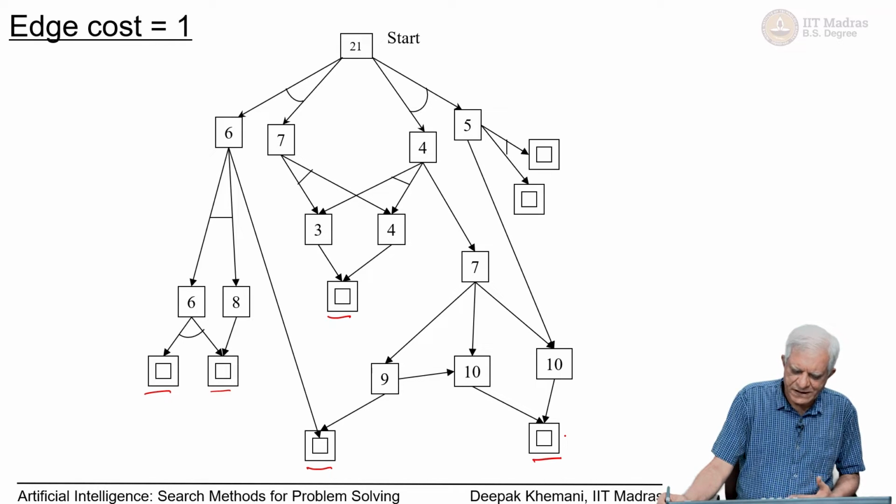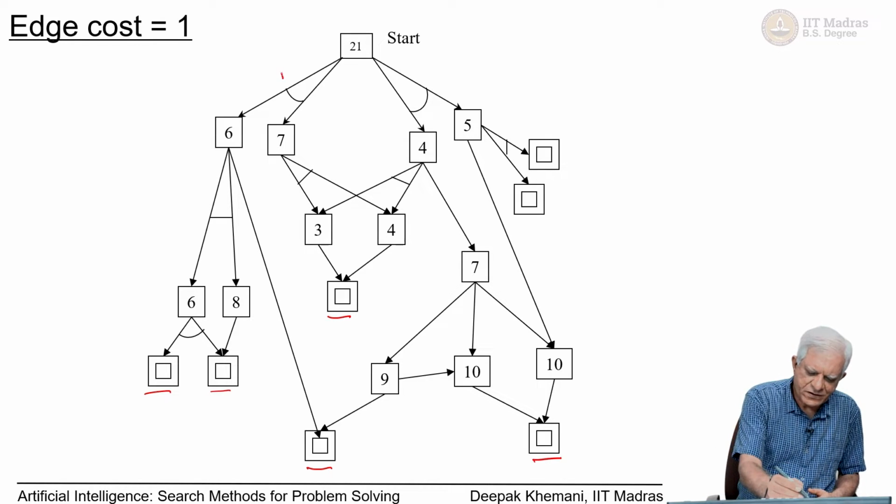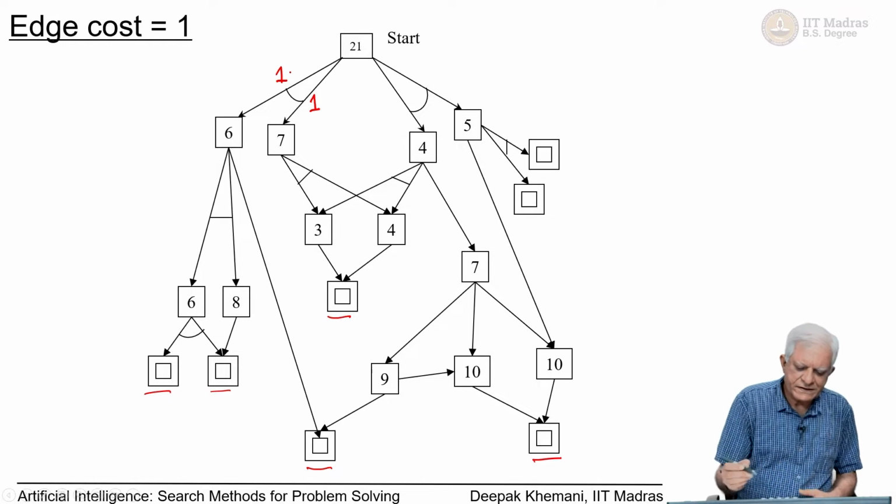So, in this first attempt, we assume that the edge cost is 1, which means every edge has a cost 1 associated with it. What does that mean?